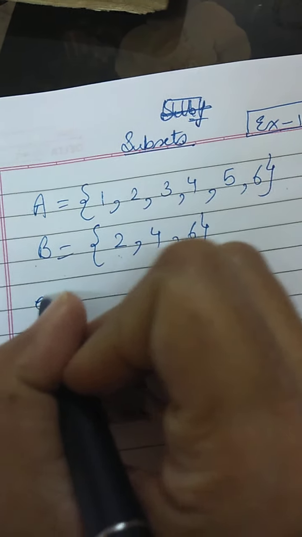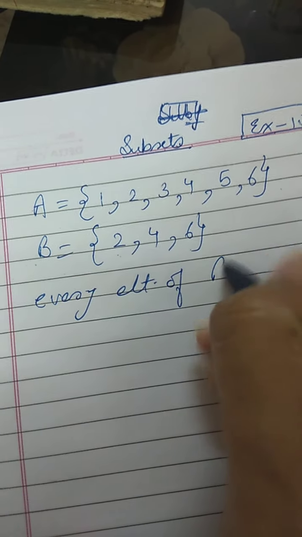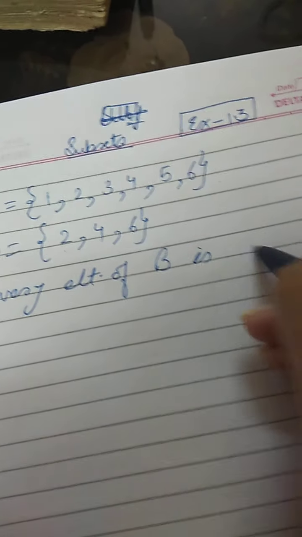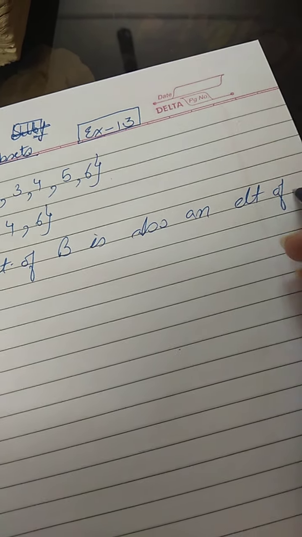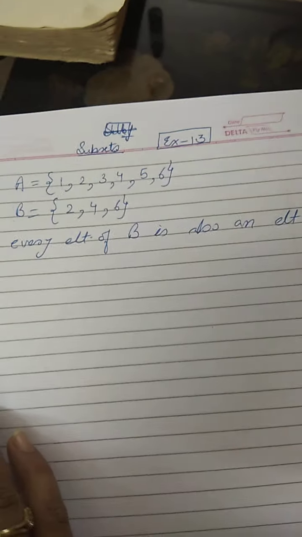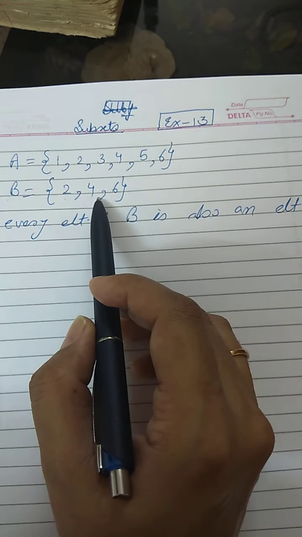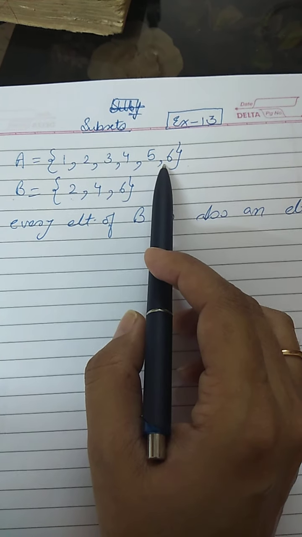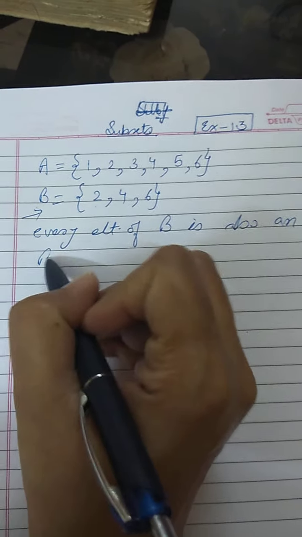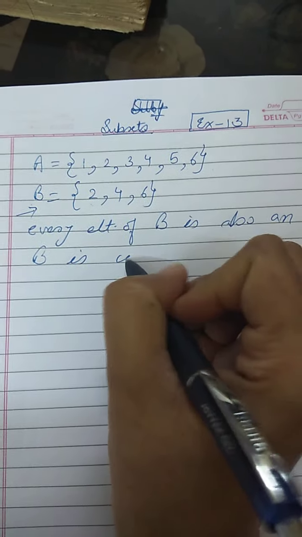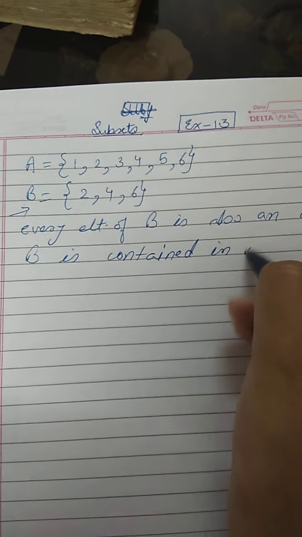So here let me write down one thing, that every element of B is also an element of A. If this happens between two sets, like every element of one set is also an element of the other set, then we can say that this set B is contained in A, right?